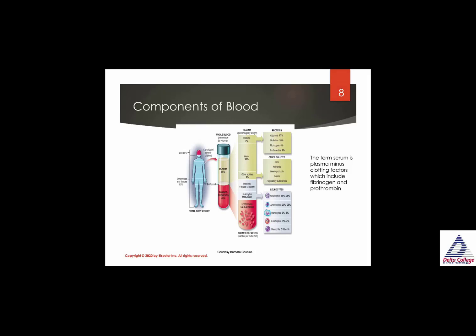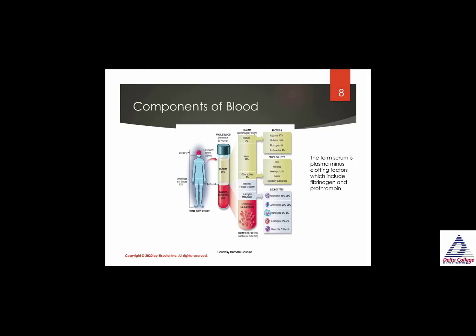So plasma is made up again of proteins such as albumins, globulins, fibrinogen, prothrombin, a lot of water in here. And then ions, nutrients, which is basically what happens from digested food, waste products, gases, and other substances.